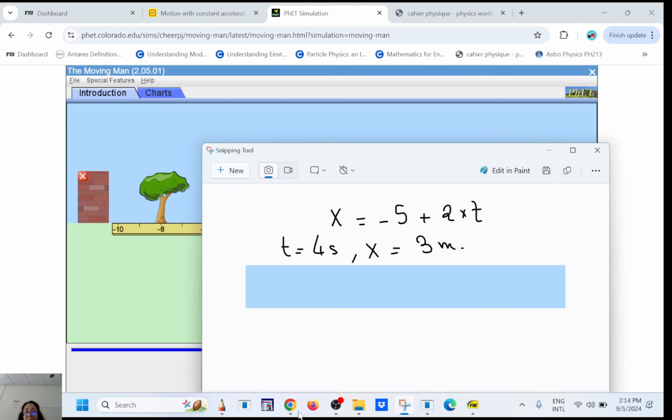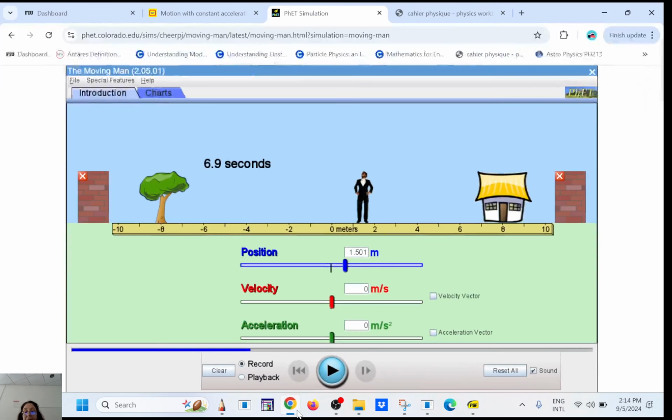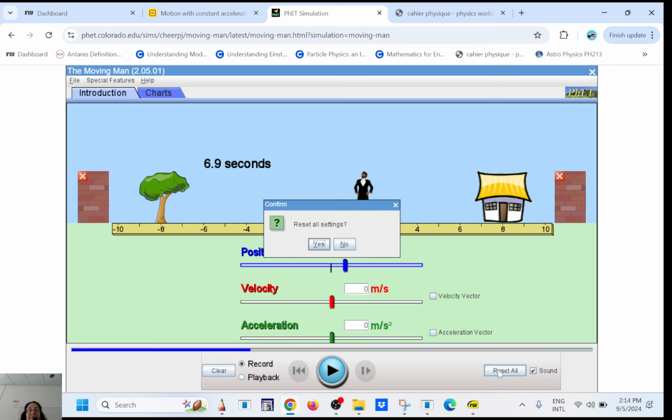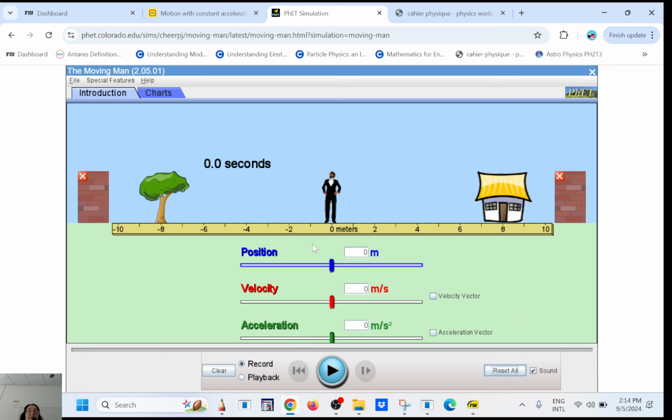So now what's going to happen? Let's make it more complicated. We could have some acceleration, which means every second he will cover more and more distance. So let's say he's starting here. Initial position is -10. Maybe he had a velocity to begin with, 2.